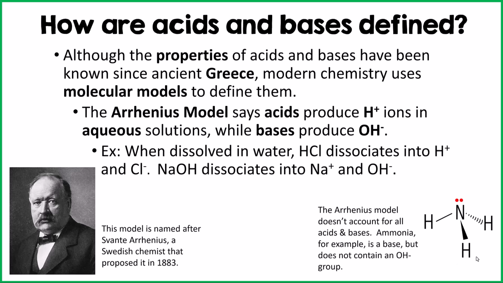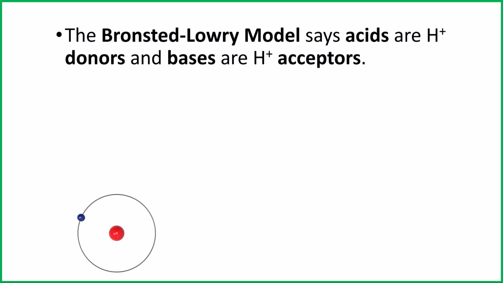It has all the properties of a base, but it doesn't have an OH group. So other scientists have adjusted that model to account for some of these exceptions. So let's look at a more updated model, and that's called the Bronsted-Lowry model.